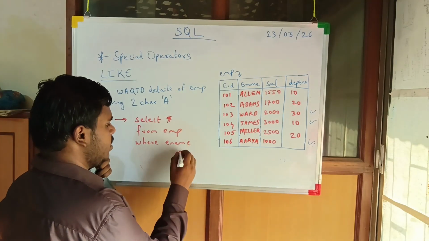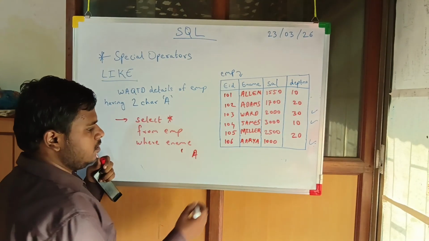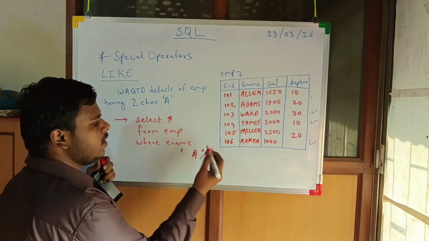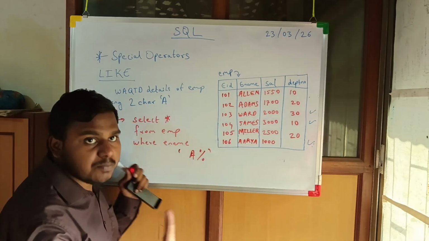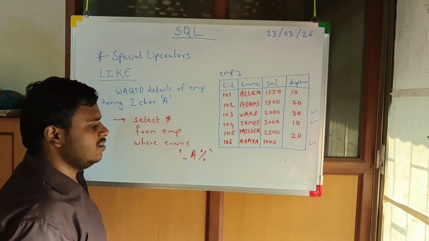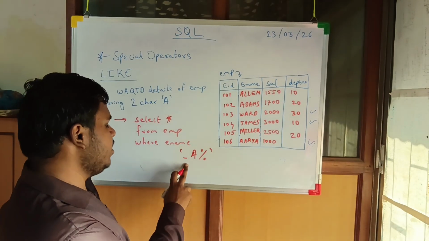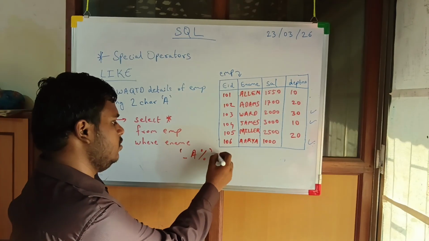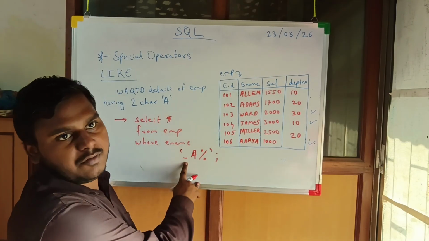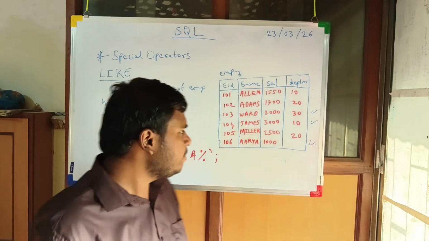So E name like, the first character I don't know, but the second character A is fixed. After the second character it can be n number of characters, I don't care. But only one position I need to keep blank, so I will use underscore. In single quotes you will write underscore A percentage. This is how you write. Percentage can accept any number of characters, while underscore accepts exactly one character.